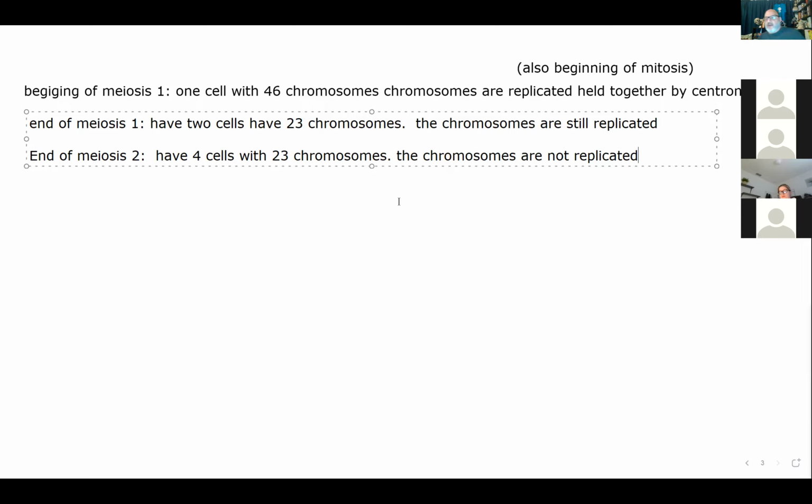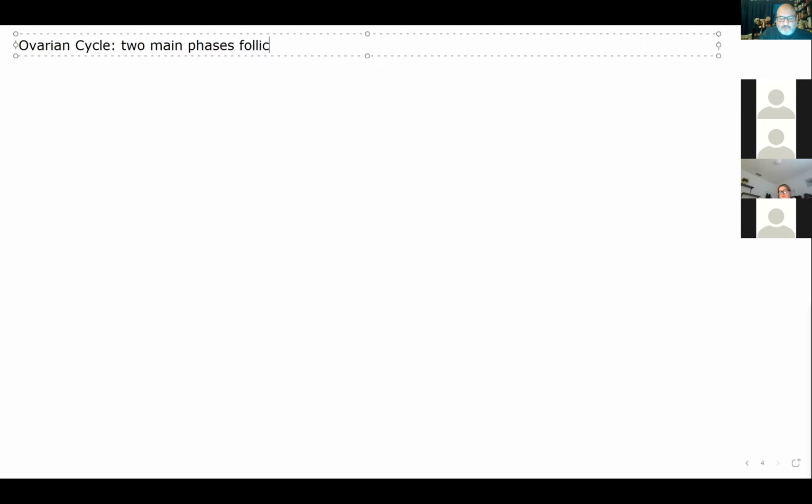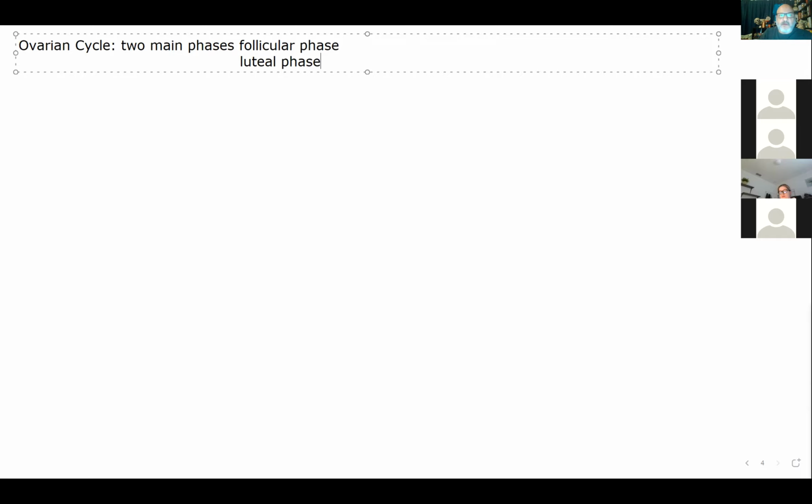All right, so that answers that question. Ruby, let's go through your question then of the ovarian cycle. The ovarian cycle basically has 2 main phases. And those 2 main phases are the follicular phase and the luteal phase. And what's happening during the follicular phase?